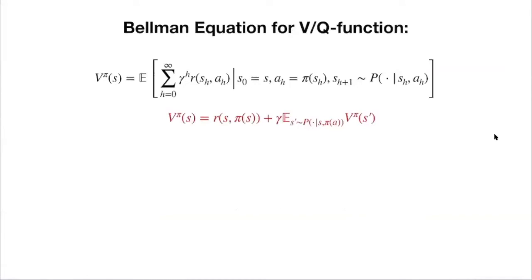Then we talked about the Bellman equation. For the value function, we can write this pretty long and tedious expression as a sum of two simple terms.